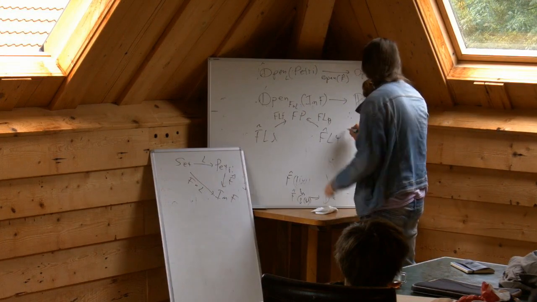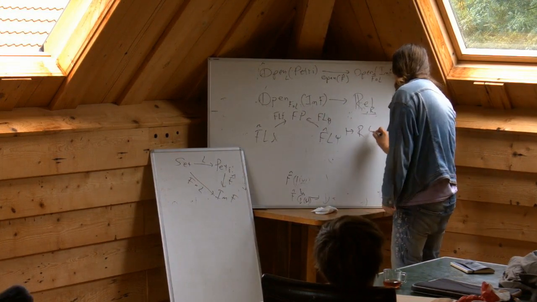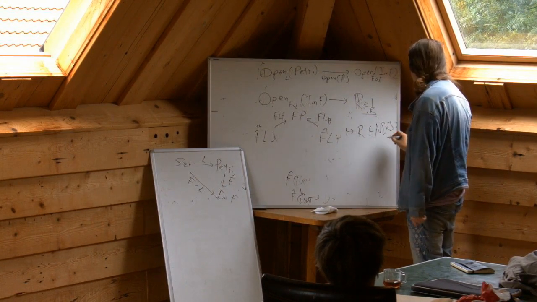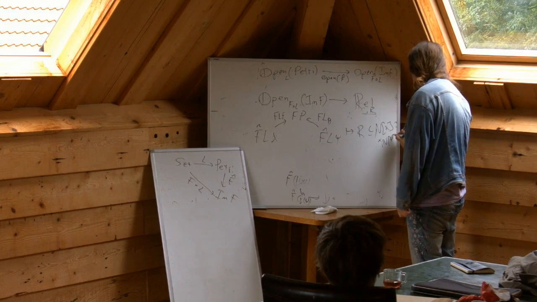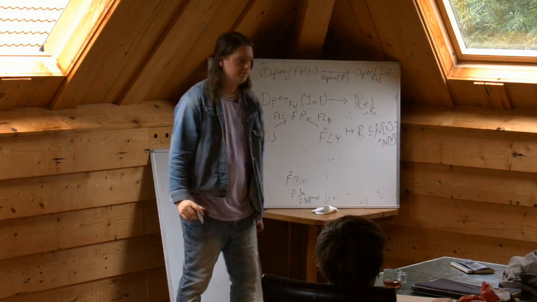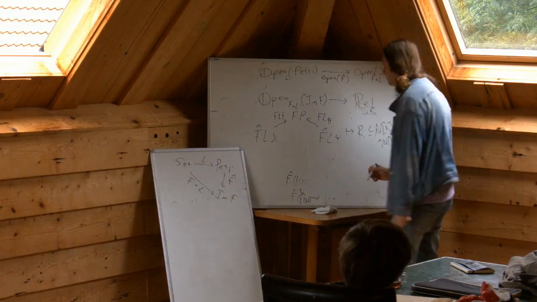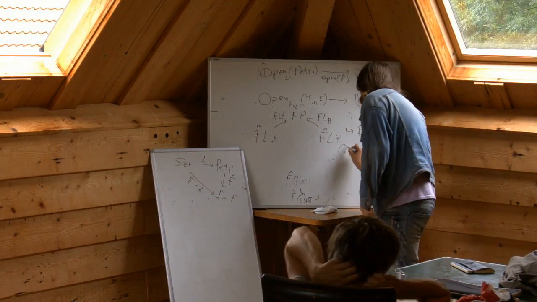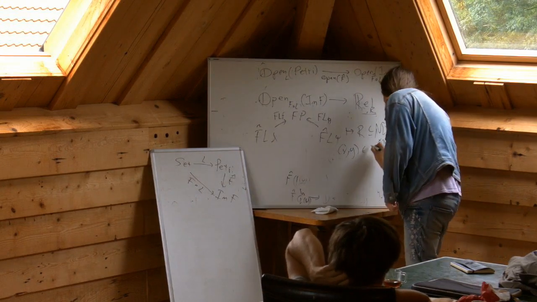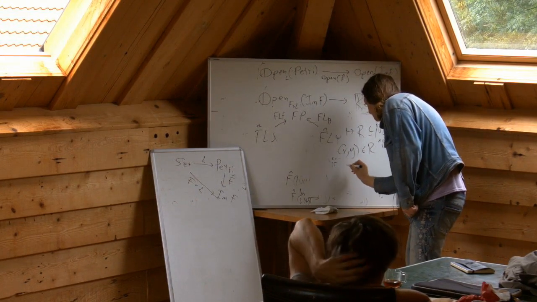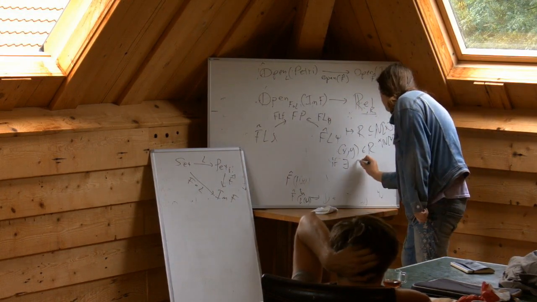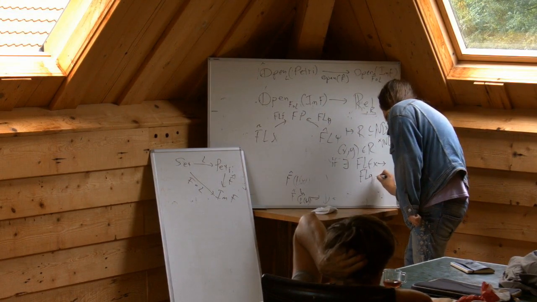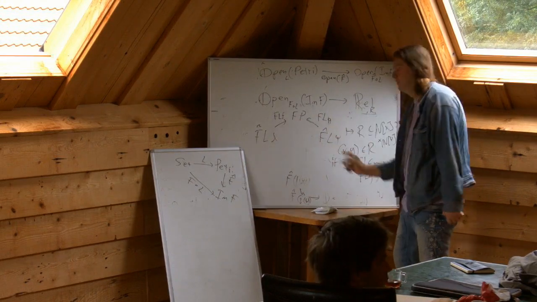We're going to send this to a relation in N of X cross N of Y, so a relation on the markings of the two nets, which I'll just write. So (x, y) is in R if there is a morphism from FL f of x to FL g of y in this category FP.